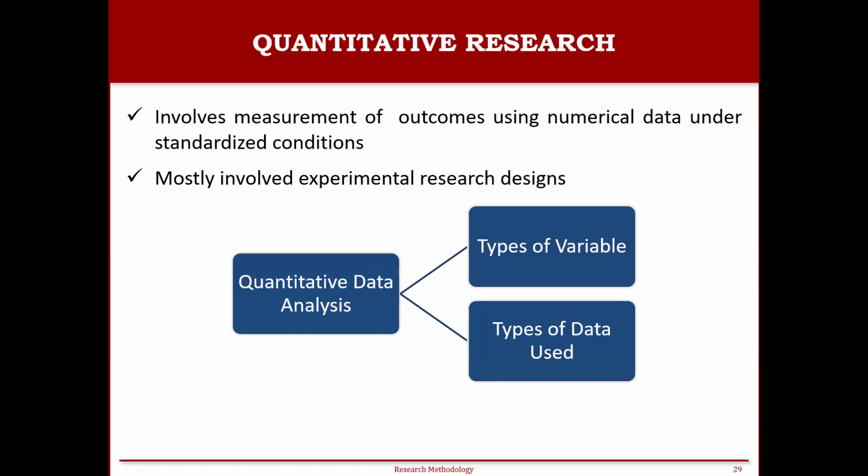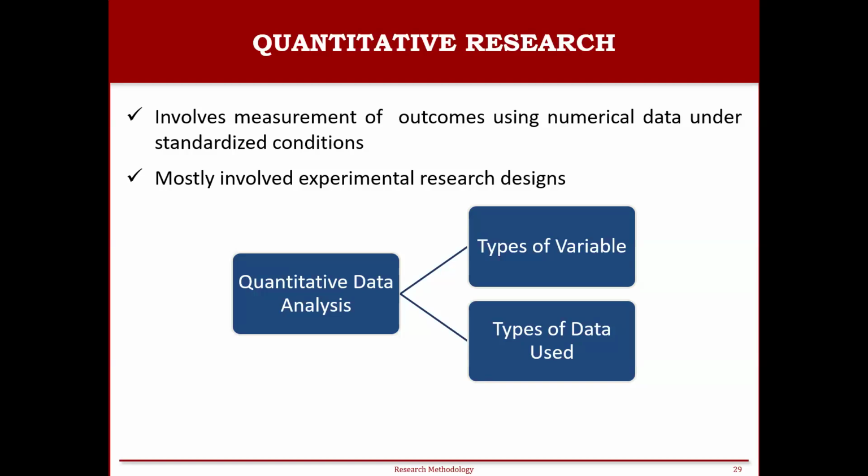You draw very objective conclusions that are not influenced by your personal opinion. But when we are conducting a descriptive study, sometimes there is a little risk, right? There is a little risk of personal bias. But if we are doing a statistical analysis under quantitative study, it is not influenced by personal opinions or personal bias, right?